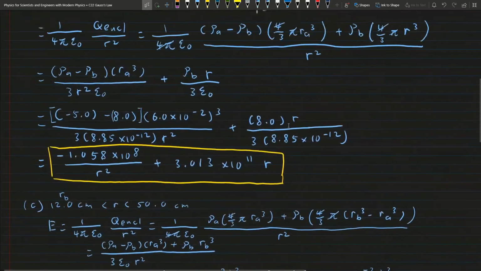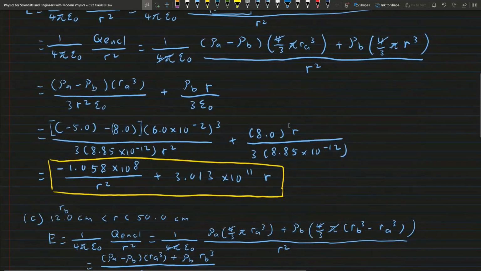Now come to the range of the B here. We have this negative 1 over r square and plus this the linear r.